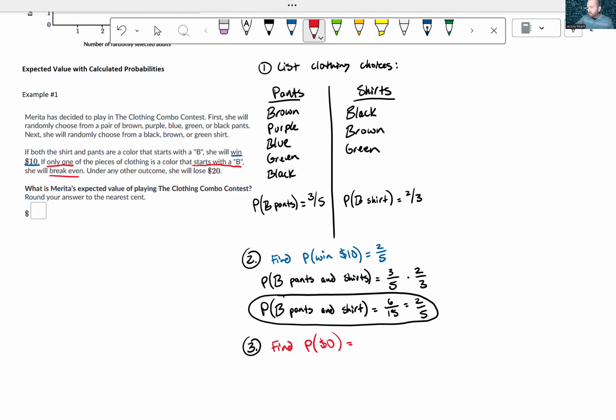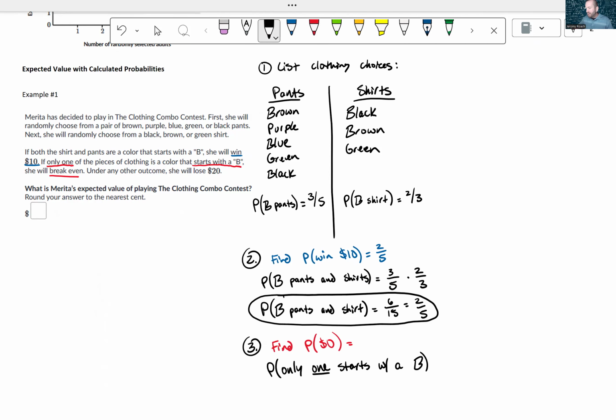That is the same thing as only one starts with a B. So we have two cases here for the probability that only one starts with a B.